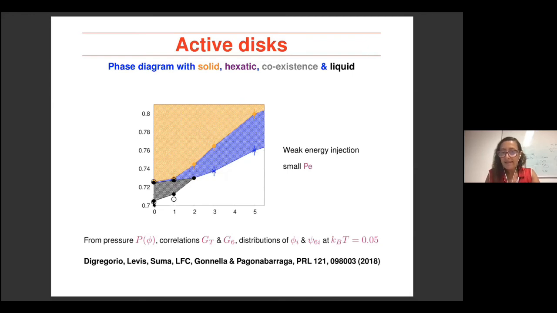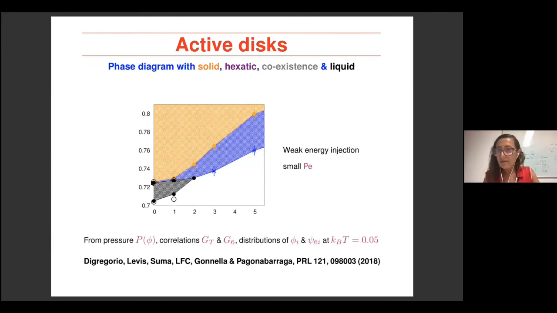This coexistence is revealing the first order nature of the transition between the exotic and the liquid. You can prove this with different measurements. You can, for example, measure pressure as a function of density, and see that you have a loop form in your pressure curve that tells you that there has to be a first order phase transition, like in the van der Waals model, for particle systems.